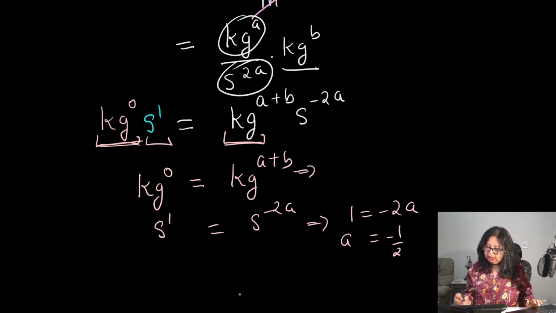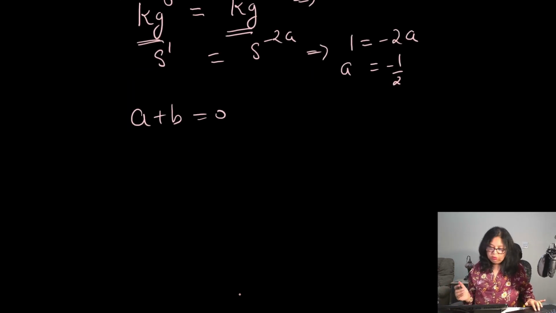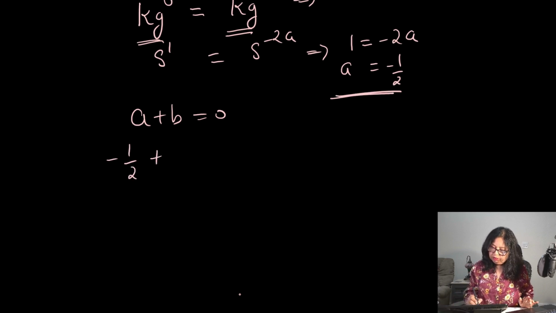Plug that in here. Here, base is kilograms. Equate the powers. 0 equals A plus B. All right, so A plus B equals 0. Swapping left and right, no big deal. A equals minus 1/2 plus B equals 0. This gives B equals 1/2.